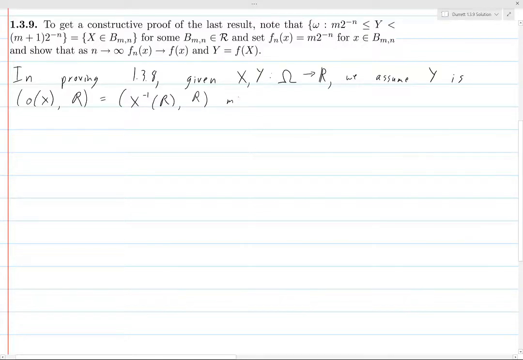So y is measurable in this sense, which I will talk about later.